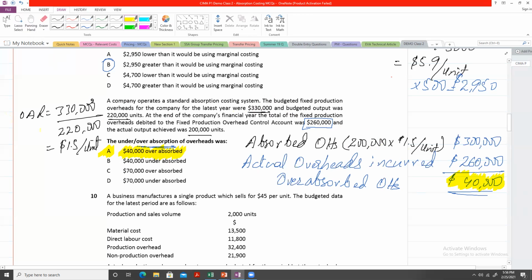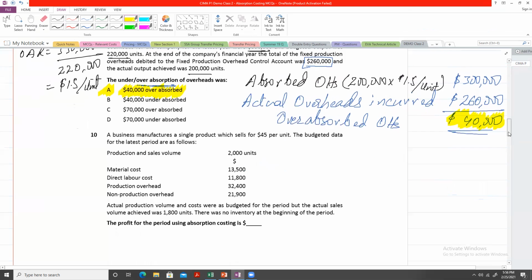First we found the overhead absorption rate. Then we found the absorbed overheads, and then we compared these absorbed overheads with actual overheads to get the answer, that is over absorption of $40,000.